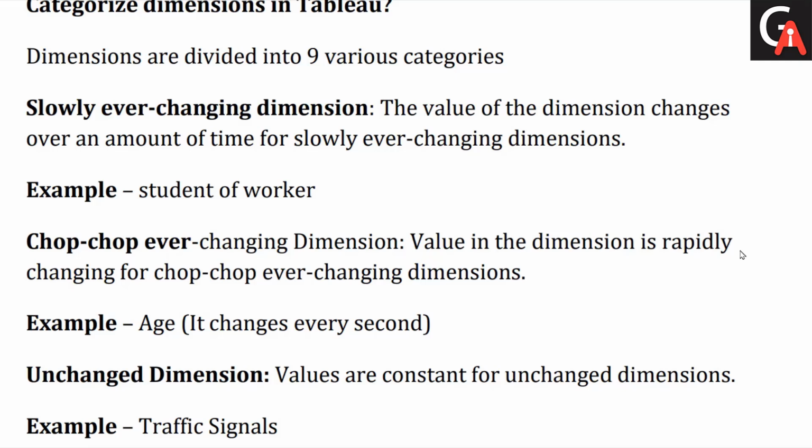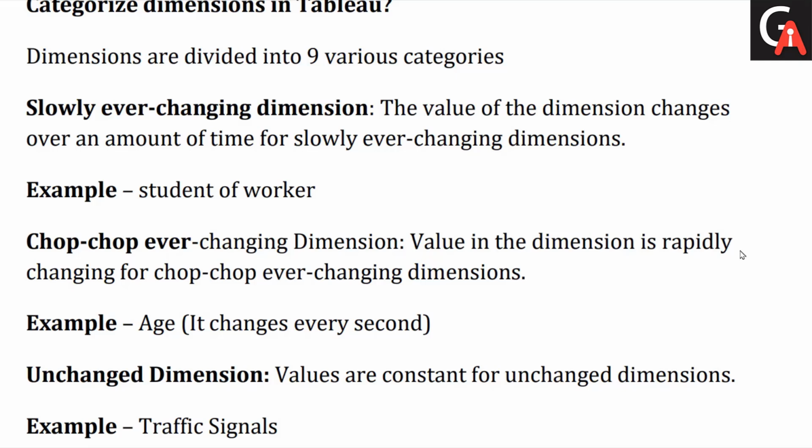For example, students or workers, we can take that example as well, or we can just do something like quarter-wise total sales. So it changes every 3 months, so it's called a slowly changing dimension.